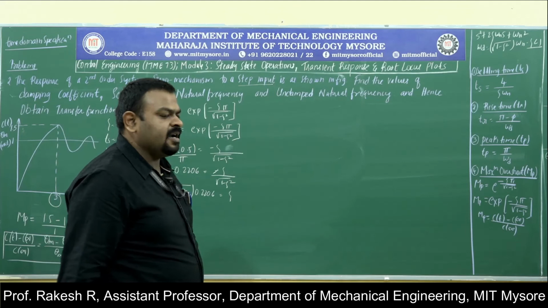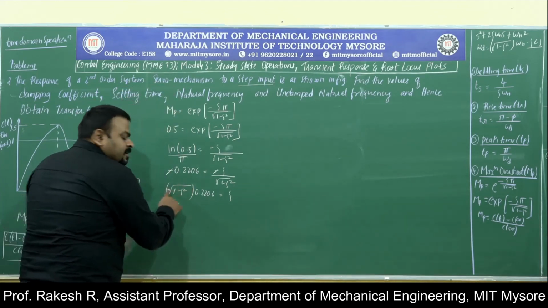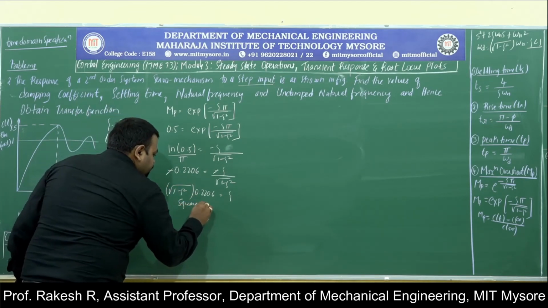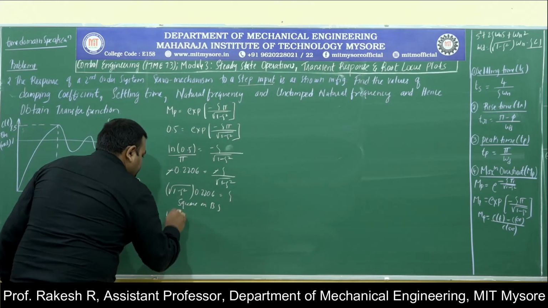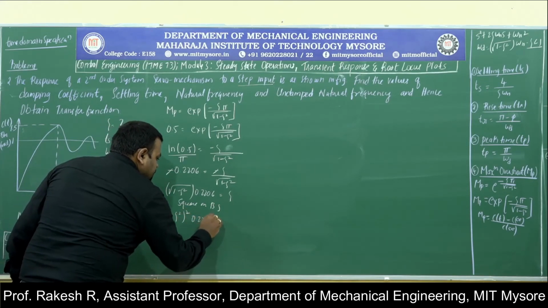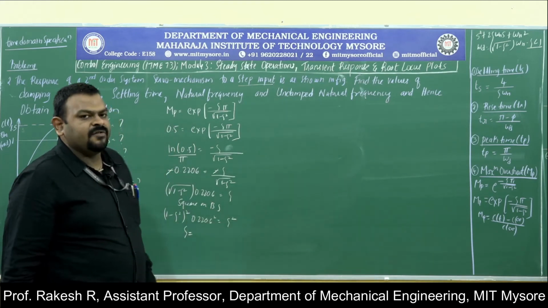Here what you have to calculate is the value of zeta. Since there is a square root, I will square on both sides. So (1 minus zeta square) into 0.2206 square is equal to zeta square. So find out the value of zeta.